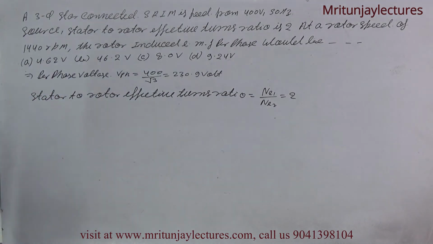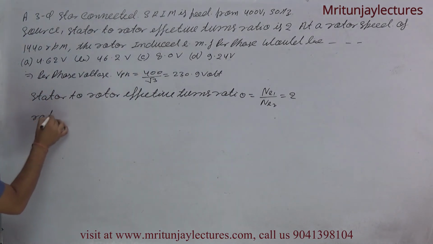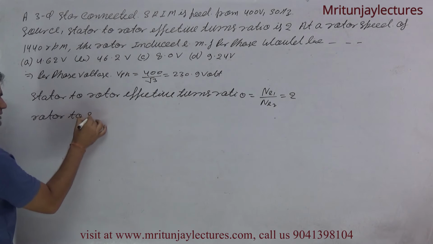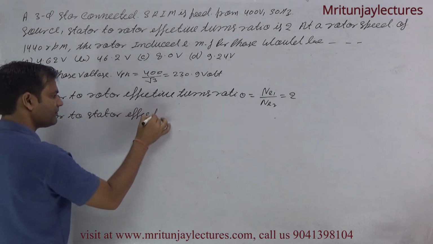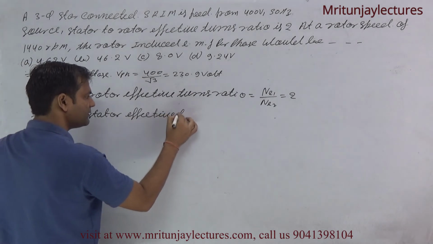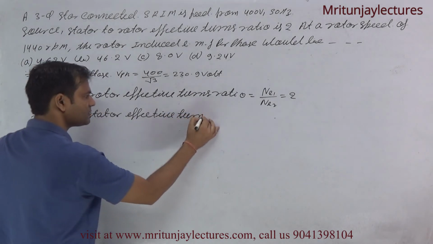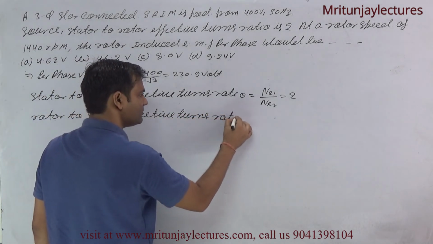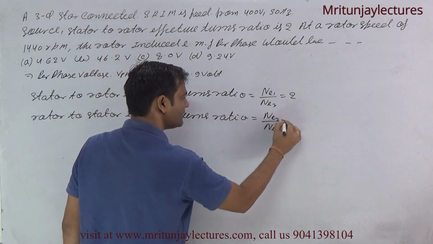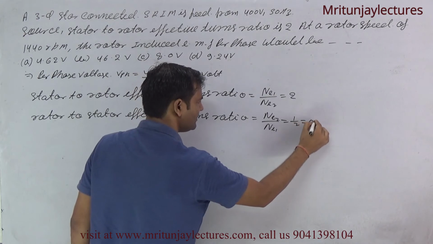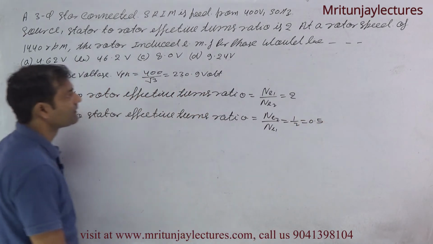So the rotor to stator effective turns ratio is E2 divided by E1, that is 1 by 2, that is 0.5. Clear?